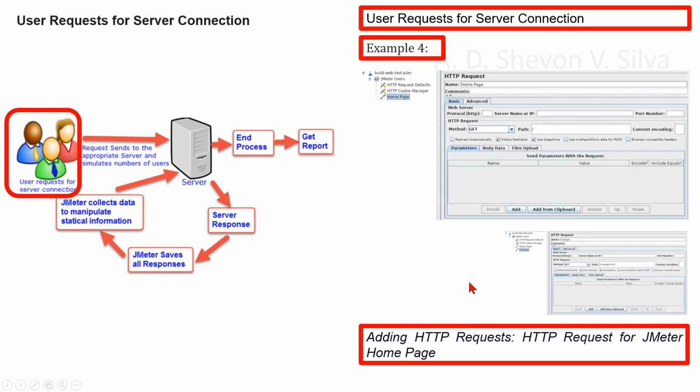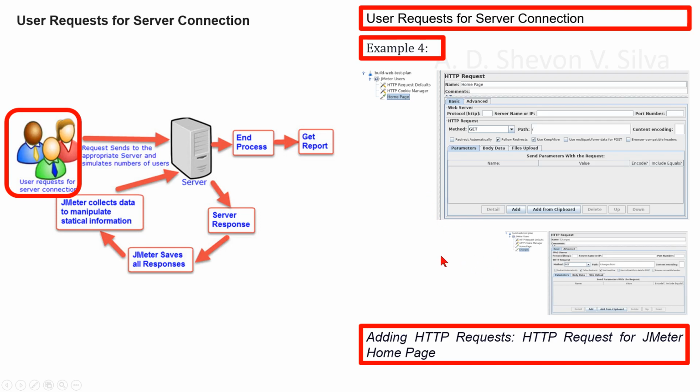Now we are considering adding HTTP requests. Here you can see the HTTP request for JMeter homepage. In our test plan, we need to make 2 HTTP requests.